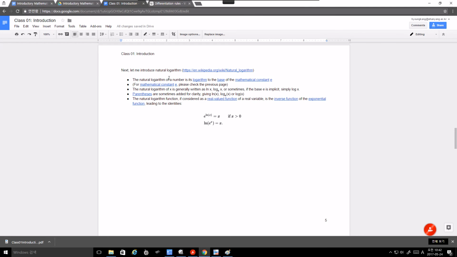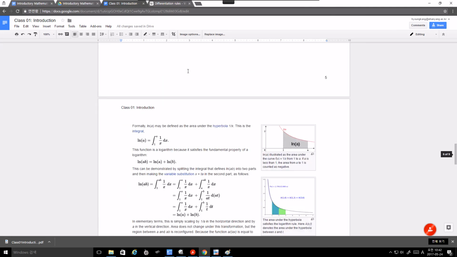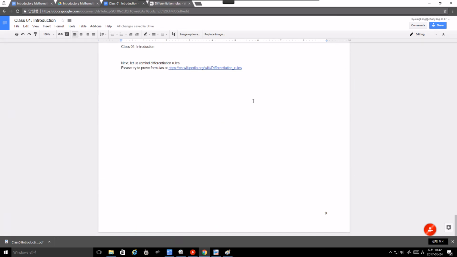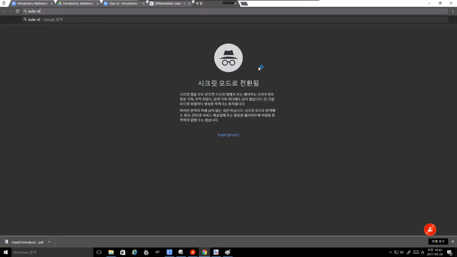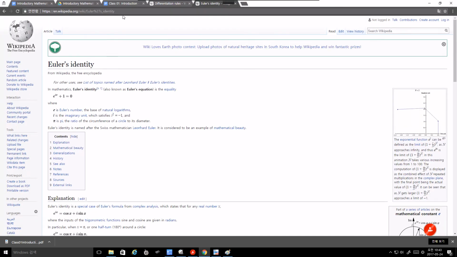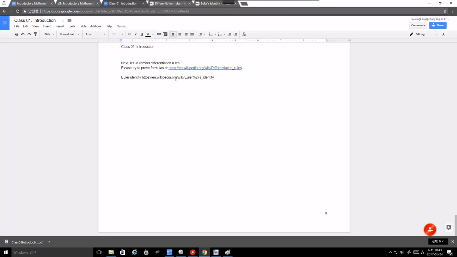Now, to make you get familiar with the exponential function, I want to introduce another interesting one, the Euler identity. Actually, Euler's identity. Let me copy and paste this to our class web page.